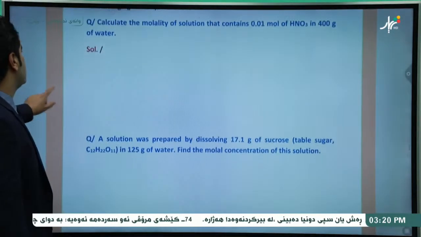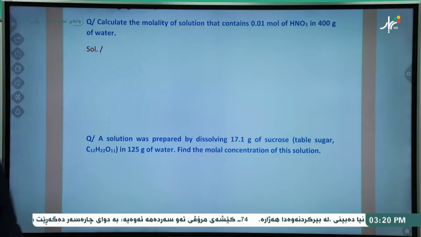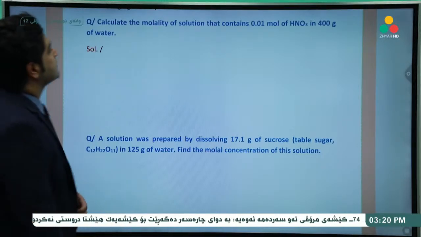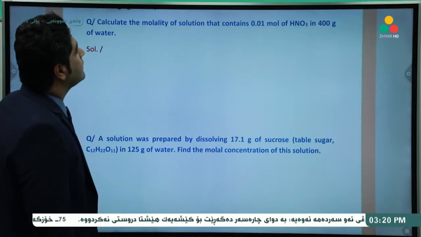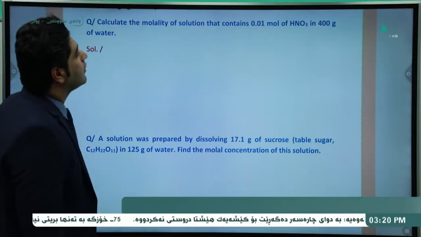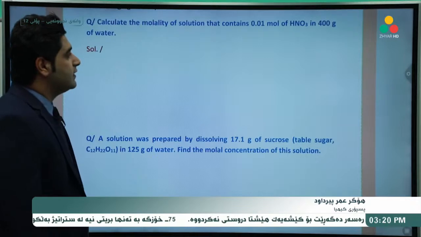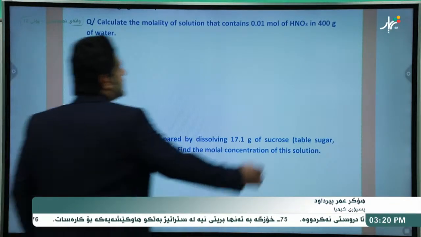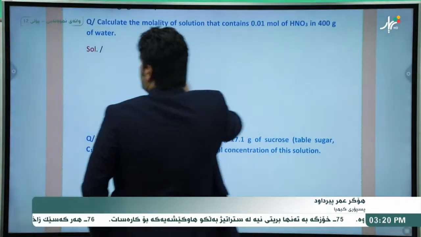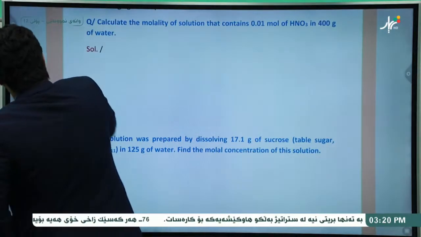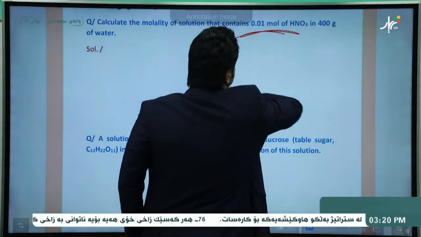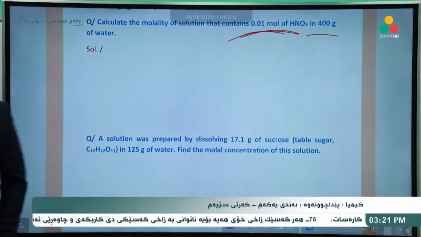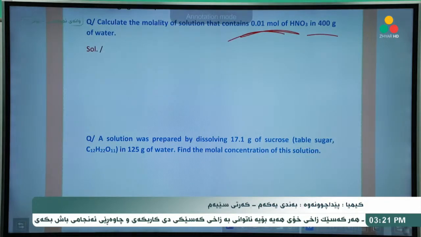Okay. Now we have a question about the molality. Calculate the molality of a solution containing 0.01 mole of HNO3 in 400 grams of water. Now we have number of moles of the solute, and mass of the solvent.